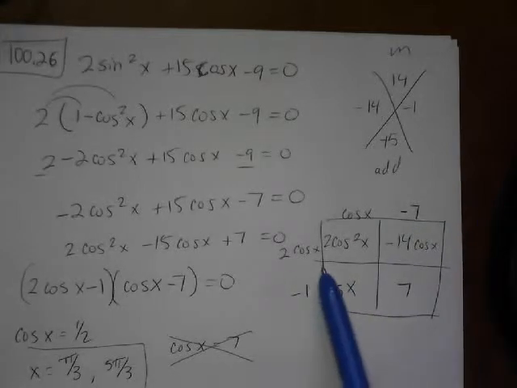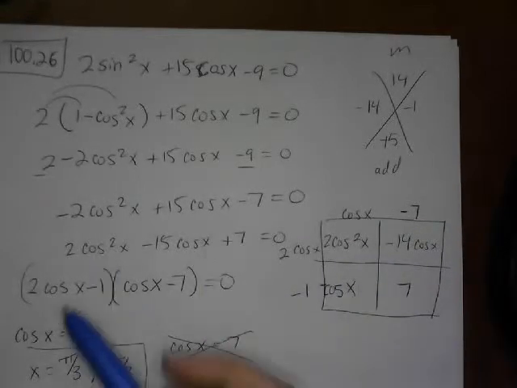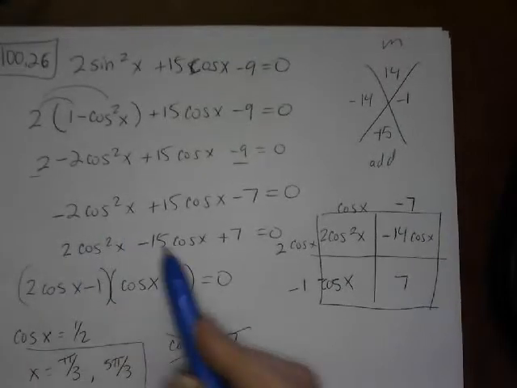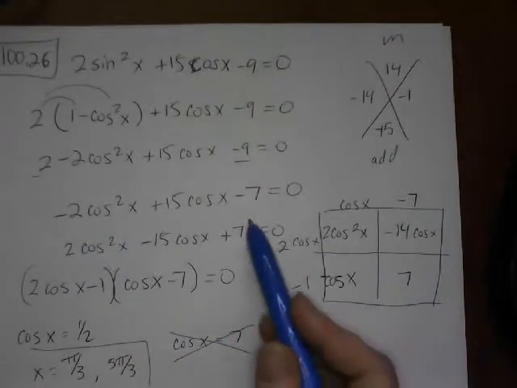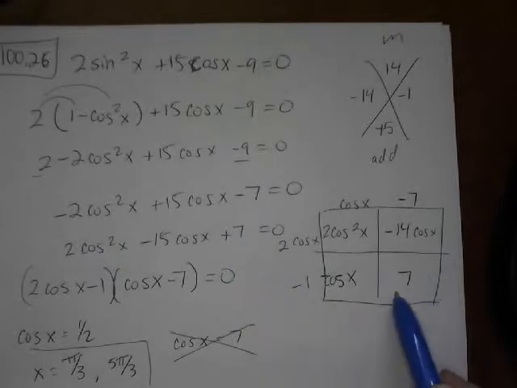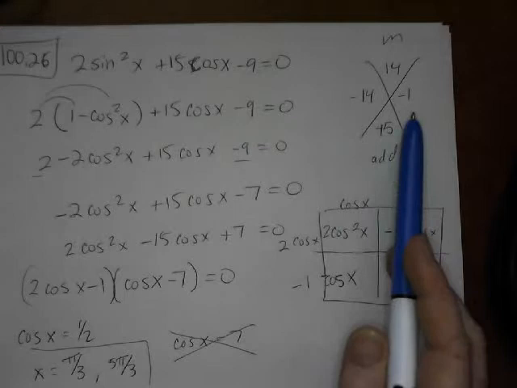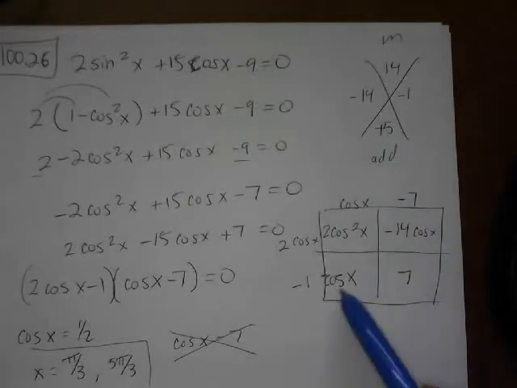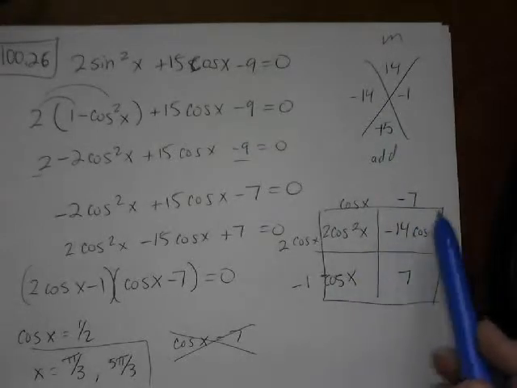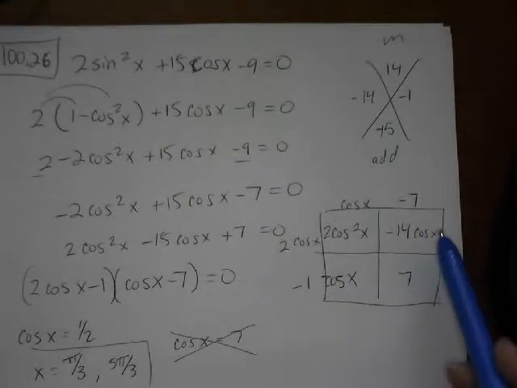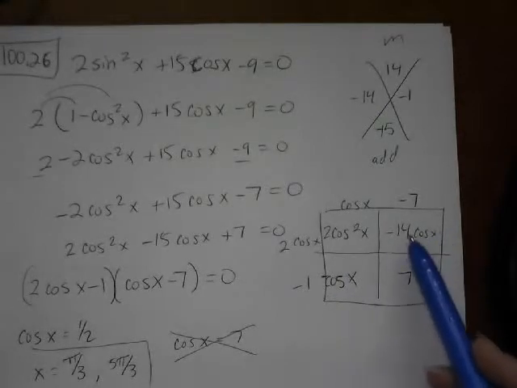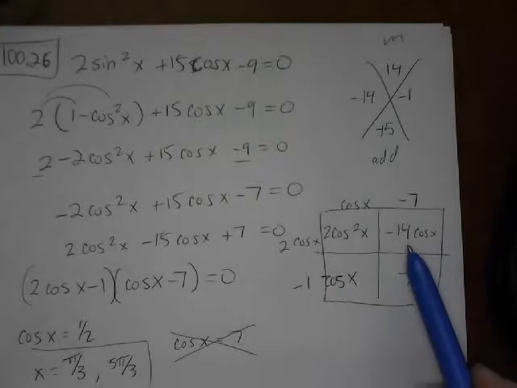The way that works is you put the squared term in the upper left, then the constant in the lower right, and the two numbers that you found in the diamond problem go in the other two spots. It doesn't matter if I put the 14 on the top or the bottom.